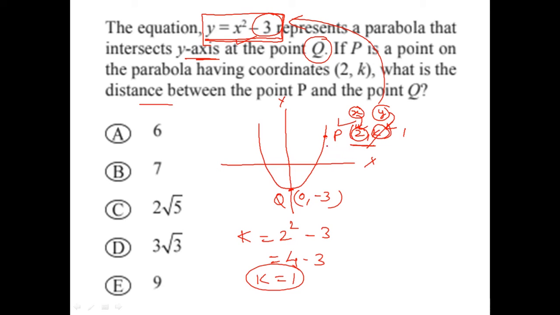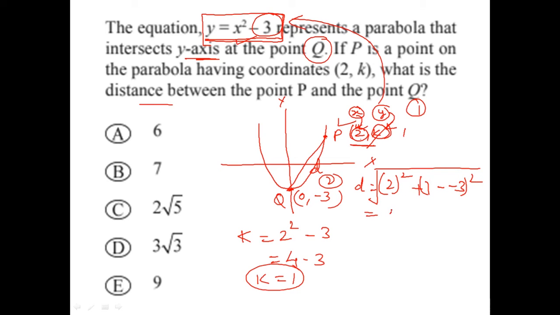Now all we have to do is just apply the distance formula and find the distance between these two points. So distance is under root of (x1 minus x2) square plus (y1 minus y2) square. Let's say this is point 1, this is point 2. So x1 is 2 minus 0 square, that is 2 square, plus 1 minus 3 whole square.